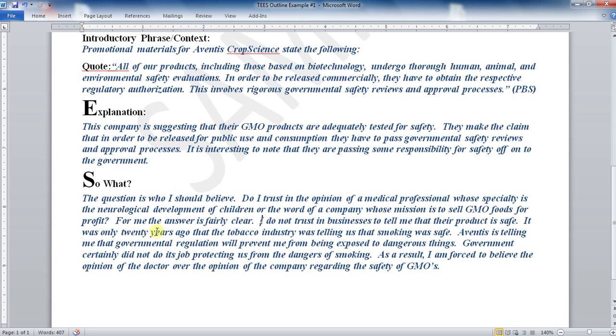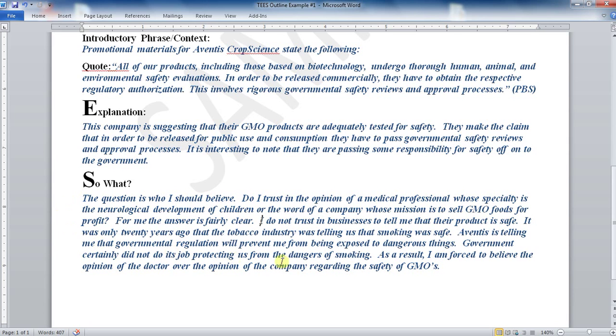It was only 20 years ago that the tobacco industry was telling us that smoking was safe. Aventis is telling me that governmental regulation will prevent me from being exposed to dangerous things. Government certainly did not do its job protecting us from the dangers of smoking. As a result, I'm forced to believe the opinion of the doctor over the opinion of the company regarding the safety of GMOs.